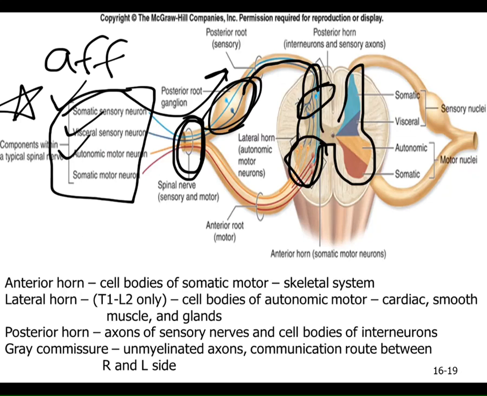Versus somatic motor neurons are going to head to our skeletal muscle, our voluntary muscle. So again, we have all 4 of those pieces of the nervous system traveling through these spinal nerves. The outgoing information, remember, is coming out through the anterior root. So everything in the anterior root is motor, whereas everything in the posterior root is sensory information.